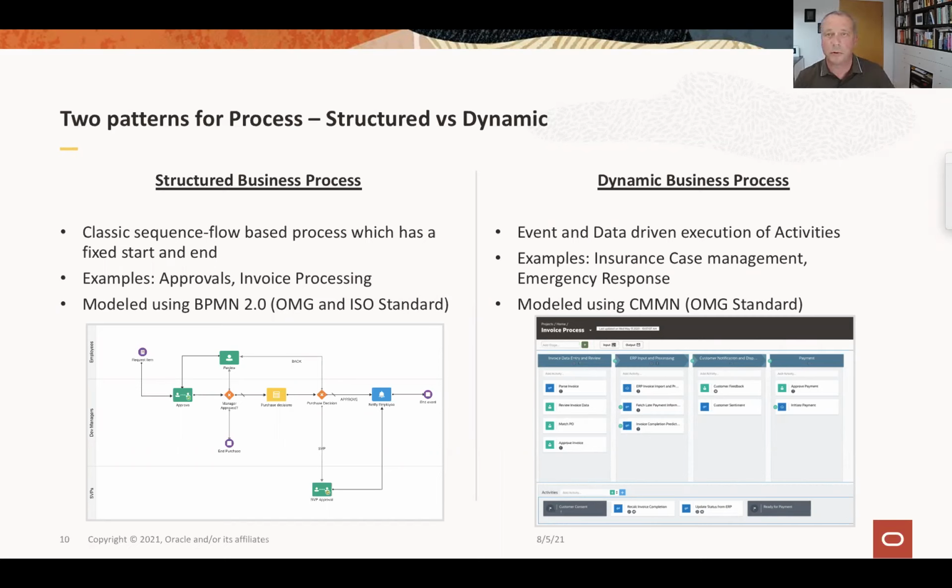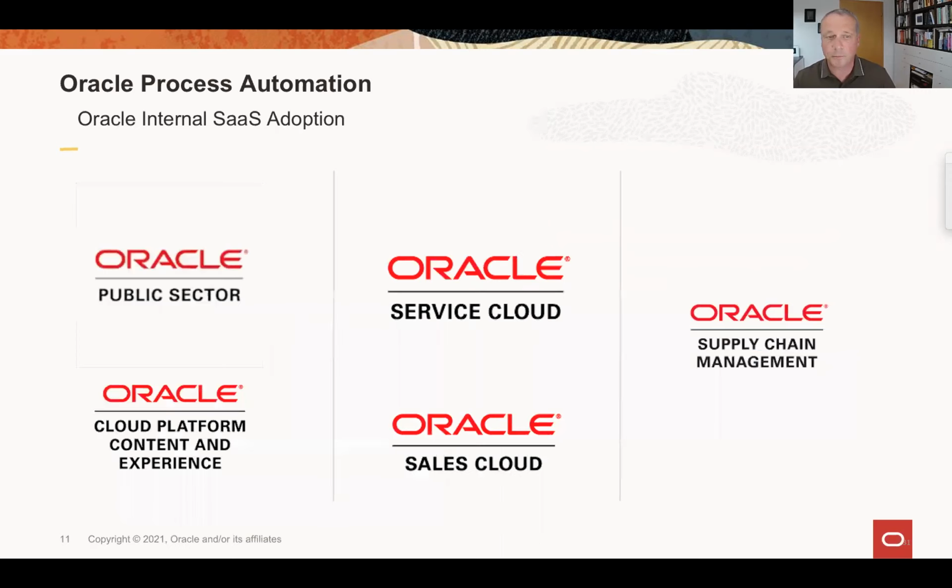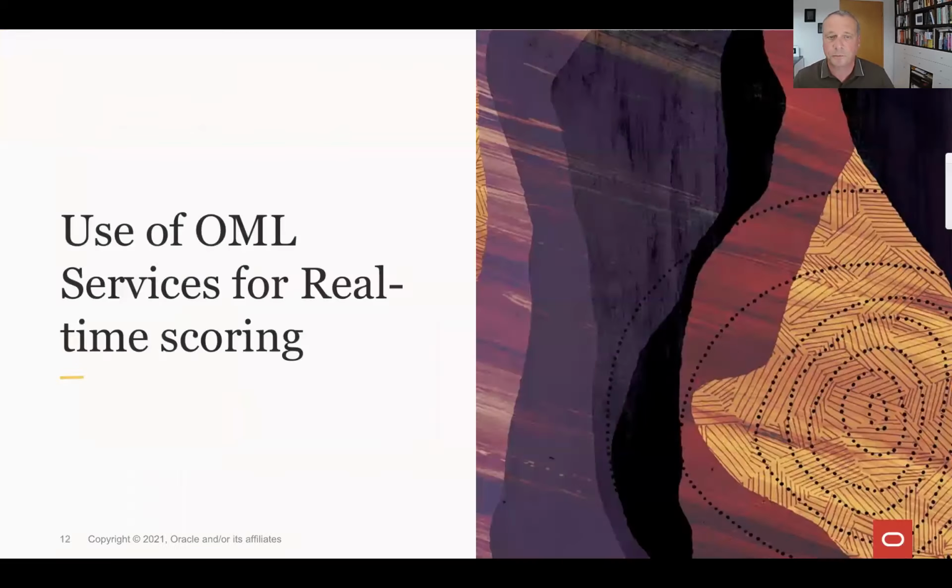And today I'm going to show an example for both kinds of things. Our product is used internally in some of our SaaS applications like Service Cloud, Public Sector Cloud, Sales Cloud, mainly to run approval workflows. You don't see the product in itself, but under the carpet, we run business process management as part of our SaaS applications.